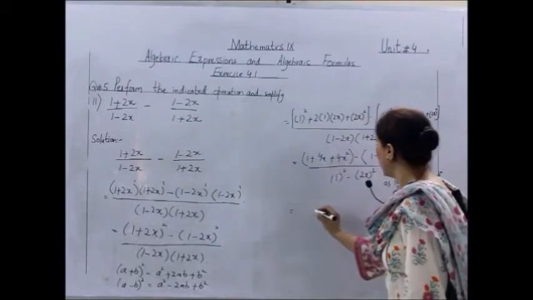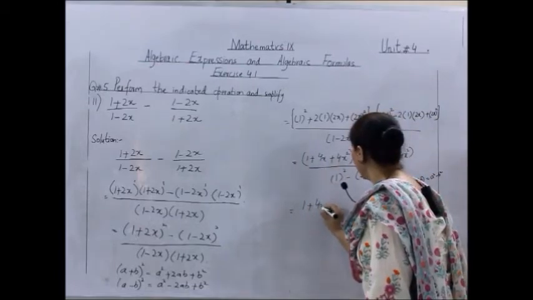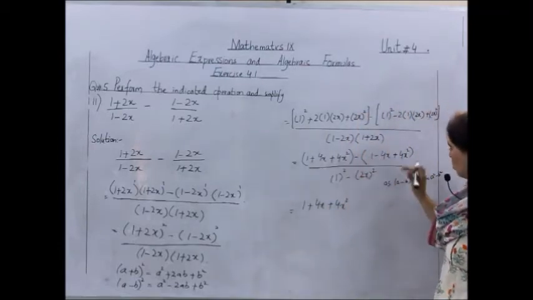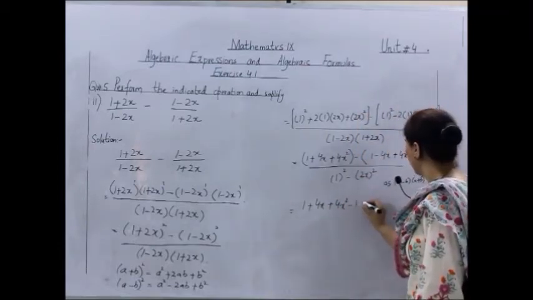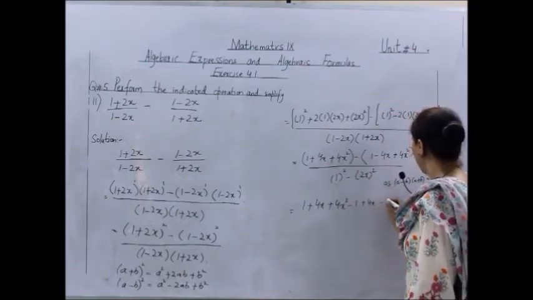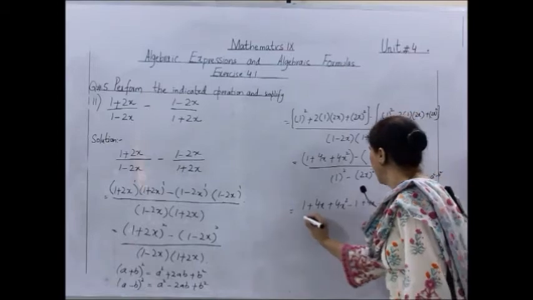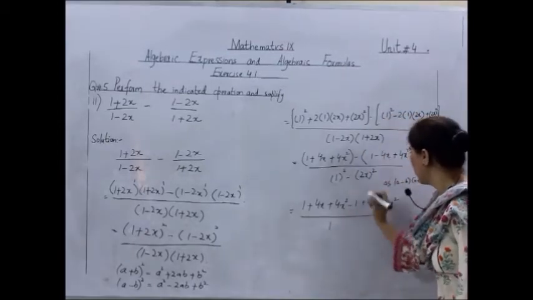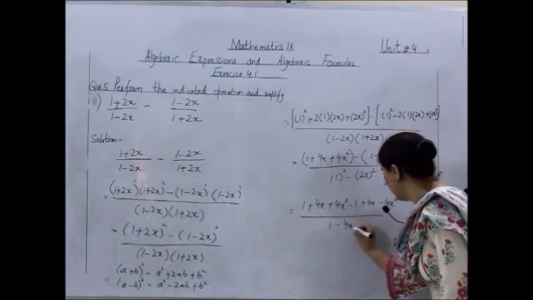We will open the brackets. 1 plus 4x plus 4x square, as minus is there, so all signs will be changed. Minus 1 plus 4x minus 4x square. 1 square means 1 and 2x whole square means 4x square.